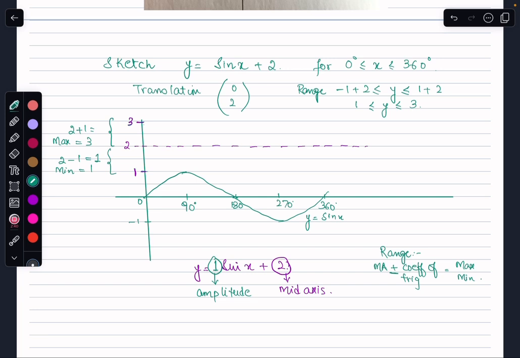Therefore, sine of 0 was 0, it shall be translated to +2 here. 90 was a 1, so 1 plus 2 gives me a 3. 180 was a 0, so it should give me 0 plus 2, that gives me a 2 here. 270 was a -1, so -1 translated by 2 units gives me a 1, and 360 was a 0. Translated upwards by 2 units, 0 plus 2, it shall be going up till 2 over there. And this is how I will be obtaining the graph for y equals sine of x plus 2 here.